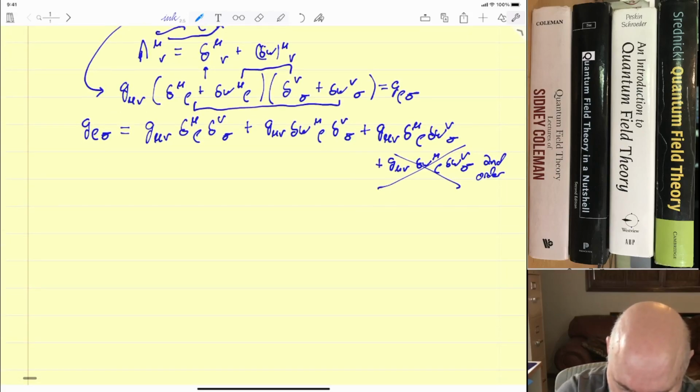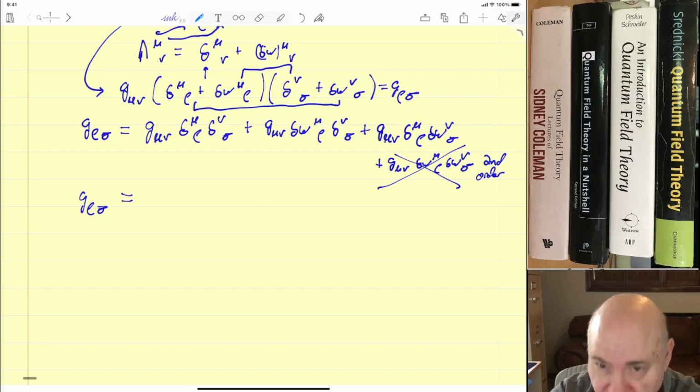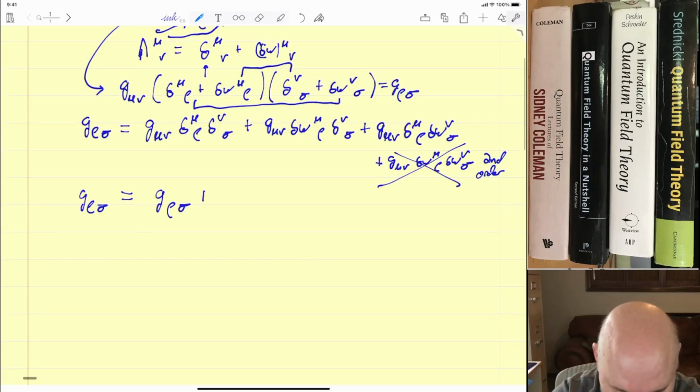So now we have g rho sigma is equal to, now all the Kronecker delta does, since we're always using the summation convention, is say that this is 0 unless rho is equal to mu. So we can substitute for mu rho and for nu sigma. So we get g rho sigma plus, and the same thing here in this term, I set nu equal to sigma.